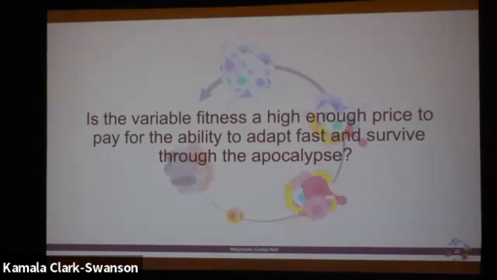And the question is, if this is a high enough price for cell populations to potentially be able to survive long term when challenged or when competing with other cell populations.